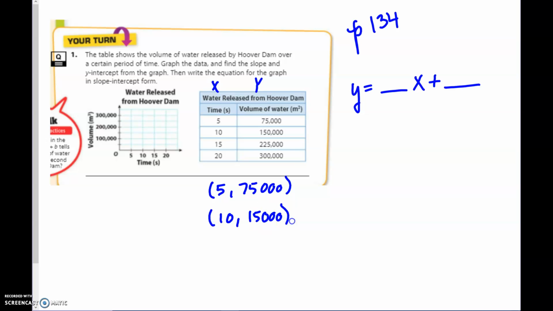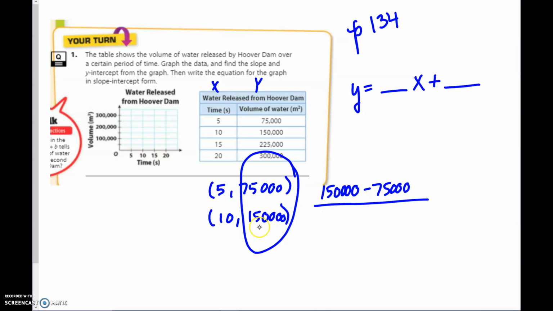So remember, I am going to put my y values on top, and these are my y values, the second one. So 150,000 minus 75,000. And then on the bottom, because I did the bottom to top, I have to do bottom to top here. So I'm going to do 10 minus 5.